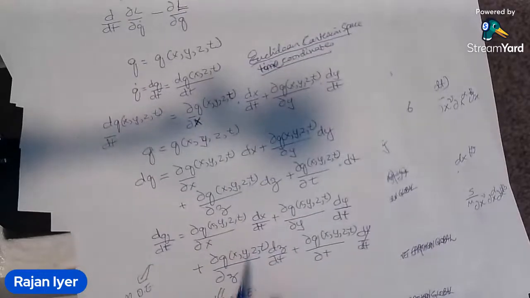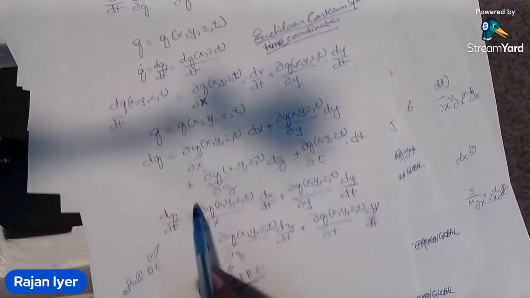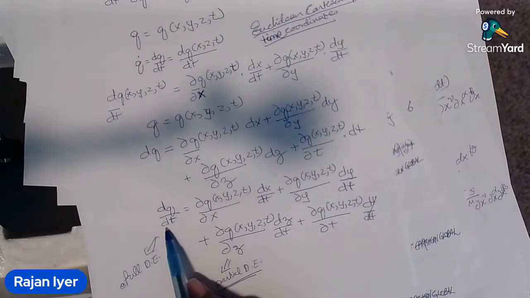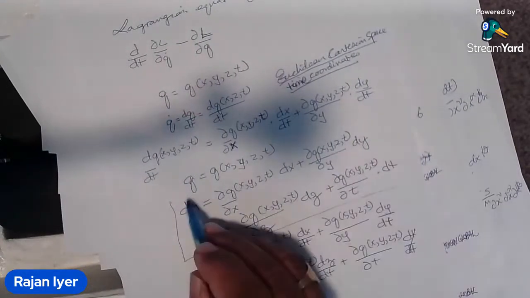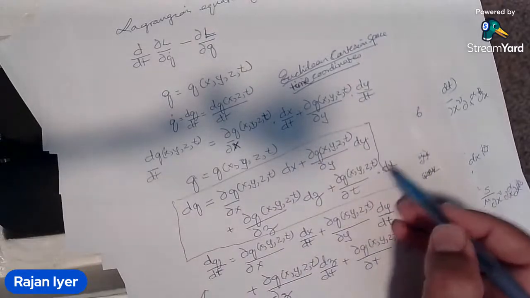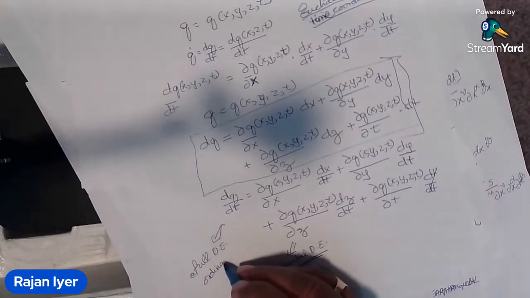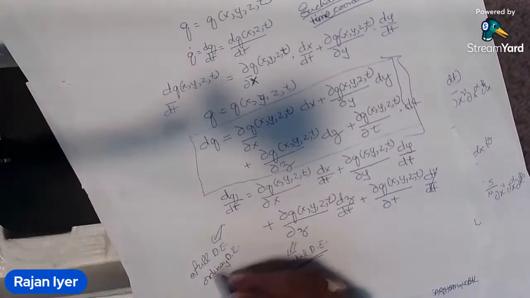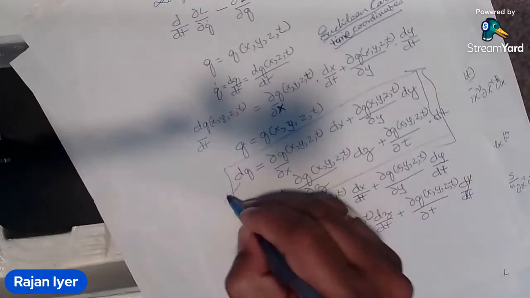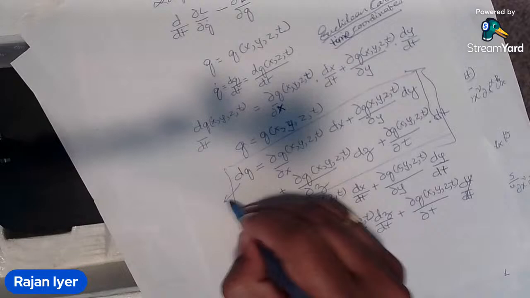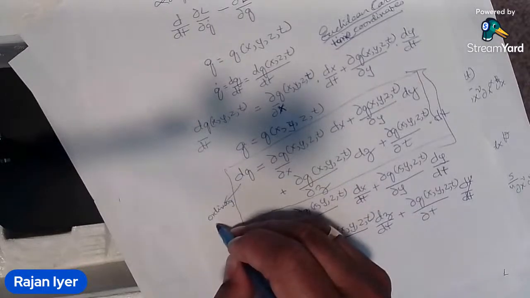Whenever you do this, you can go back to this. This is what I do: I go back to the fundamentals. And the fundamental is this one. Is it ordinary? Full or ordinary is called the ordinary differential equation. So this is the ordinary derivative, right?